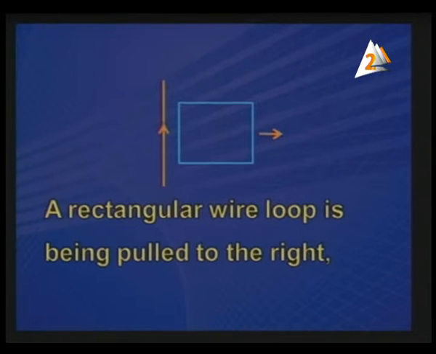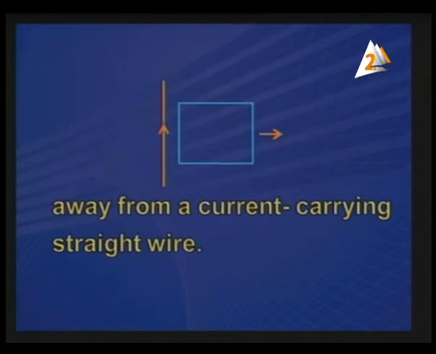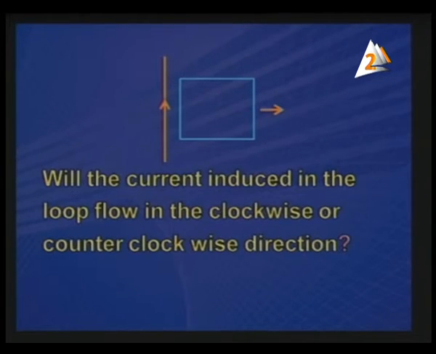And now the loop is being pulled to the right, away from the current carrying straight wire. Will the current induced in the loop flow in the clockwise or anti-clockwise direction? Of course, it is in the clockwise direction.